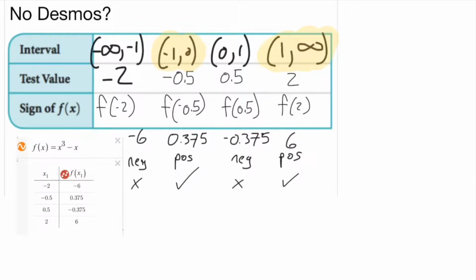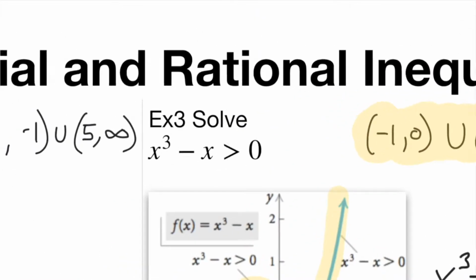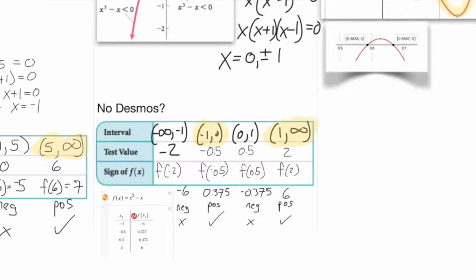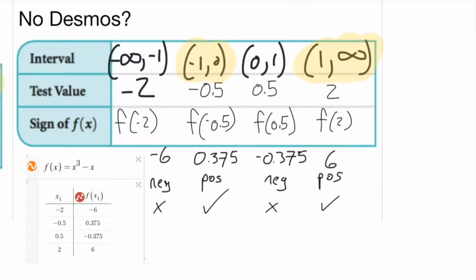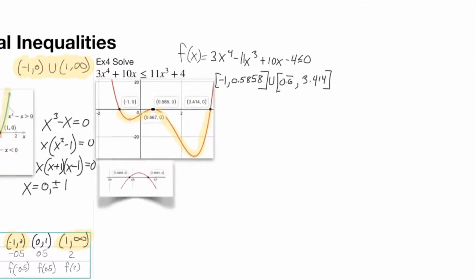Now, remember, the original asked us, when is this all going to be greater than 0? Well, we can see these test points here, only these 2 are greater than 0. They're positive, so therefore we're going to include them in our answer, and we're not going to include the others. This interval and this interval produce positive numbers greater than 0.